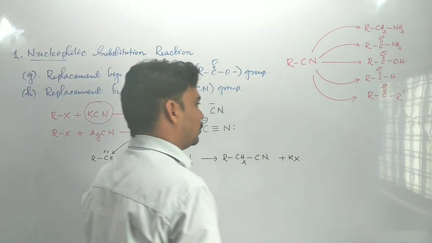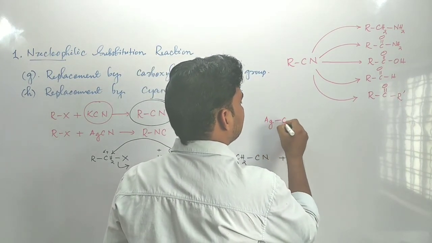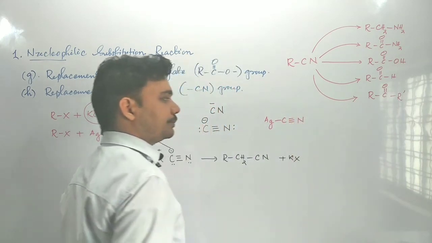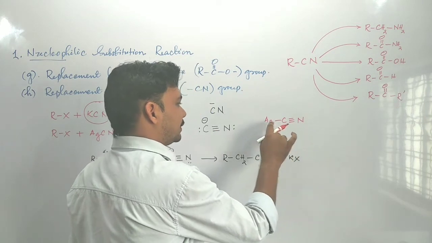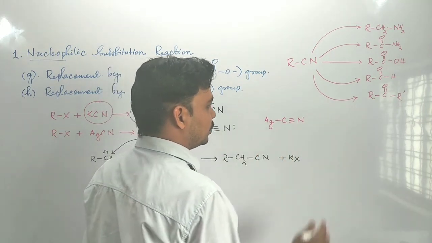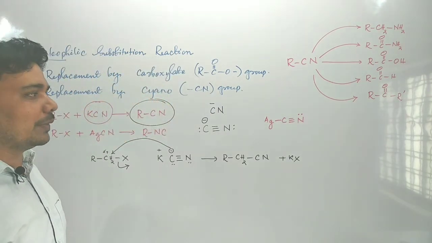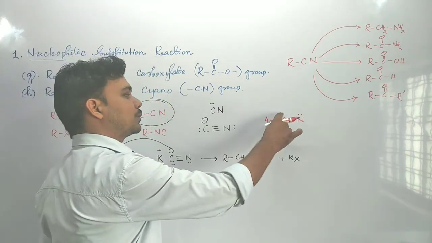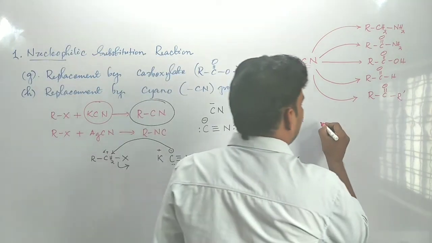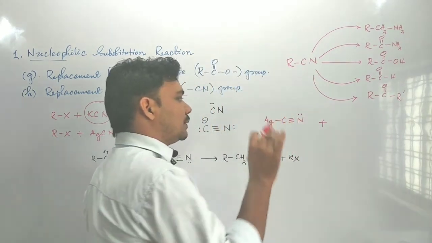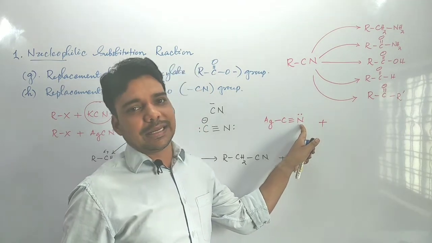So let us talk about AgCN, the reaction of AgCN. This is your AgCN molecule, predominantly covalent. I told you, carbon is bonded to this silver through a covalent bond. This nitrogen only contains a lone pair of electrons. There is no extra electron over carbon.